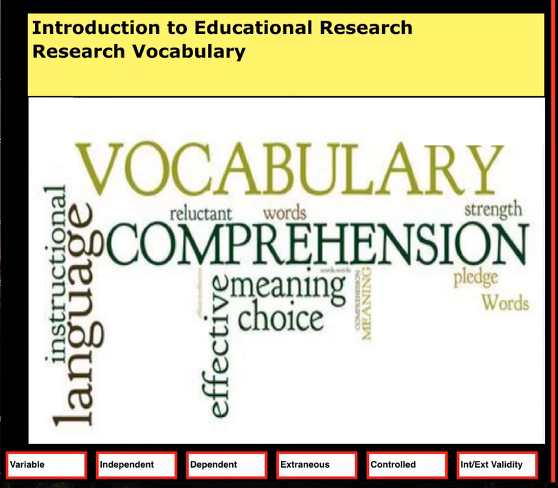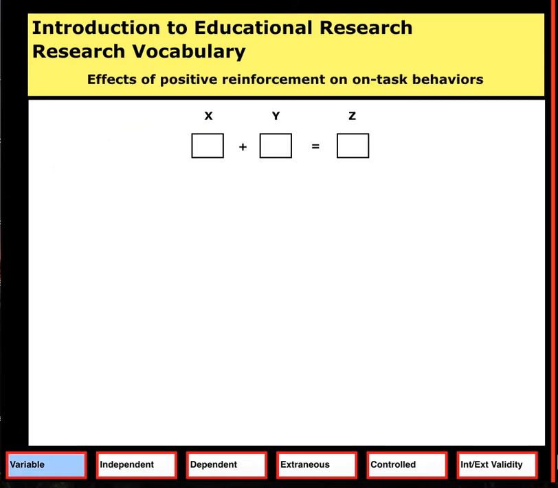All right, so we'll start with the concept of the variable. Researchers study variables and their effects. We might metaphorically view variables as empty boxes that can take on different values depending on how the researcher defines them. I'm sure we all remember variables from our high school algebra classes.